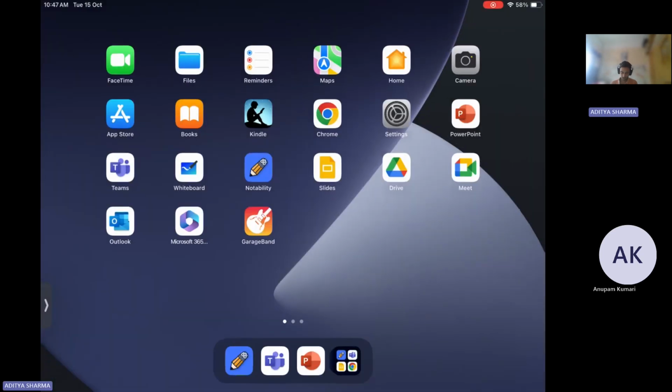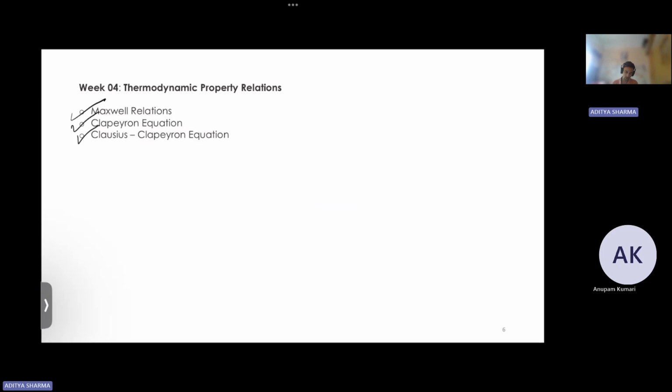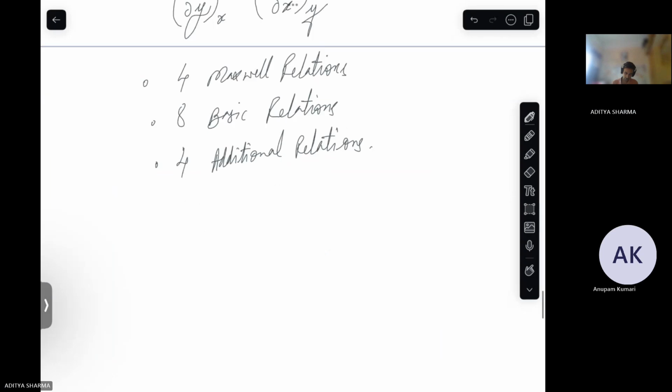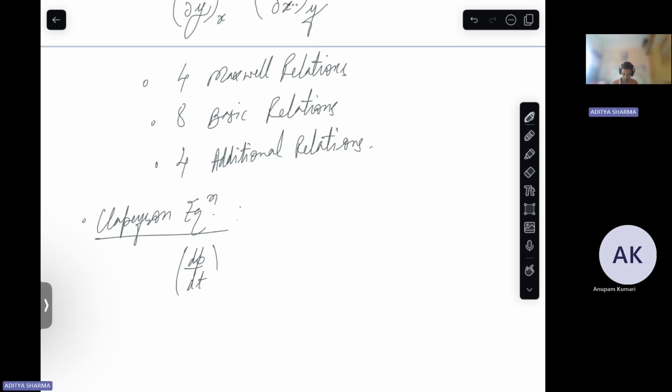Then for your phase change processes, we have two equations. One is your Clapeyron equation, and then the Clausius-Clapeyron equation. The Clapeyron equation can be written this way: dP/dT in saturated state is equal to, so this shows enthalpy in gaseous state and enthalpy in liquid state, denoted by f.